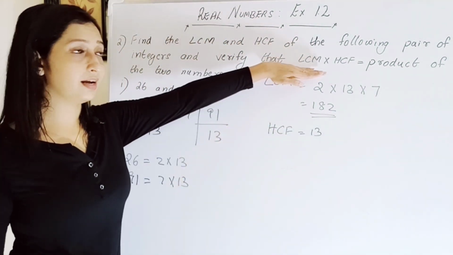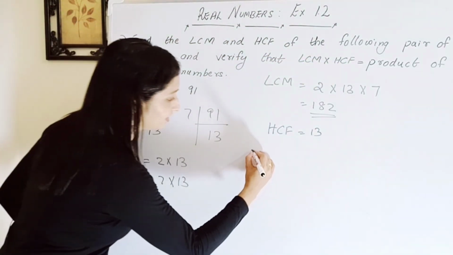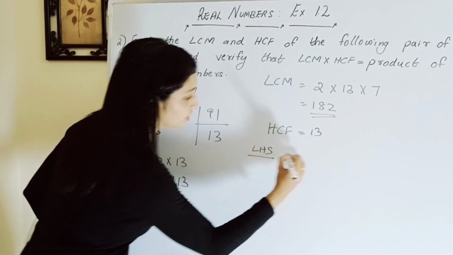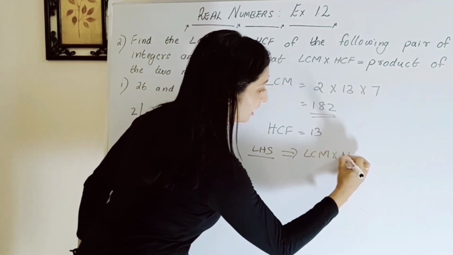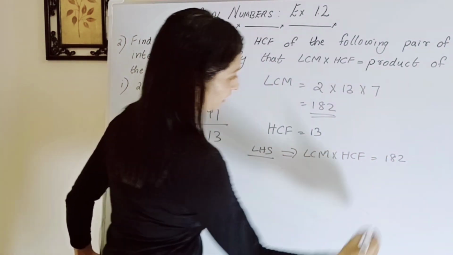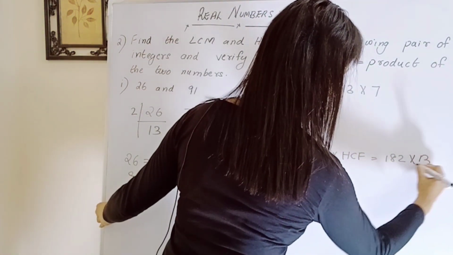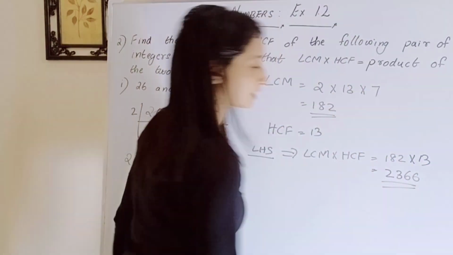Now what is our LHS? LCM into HCF. So let us find our LHS, which is LCM into HCF, which is 182 into 13. You get the answer as 2366.